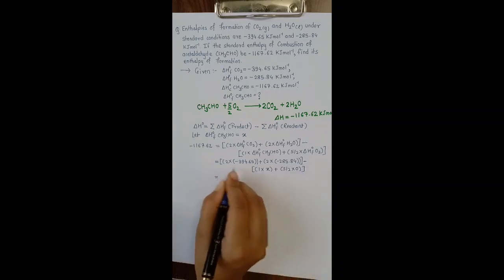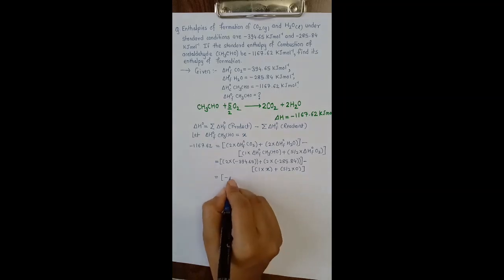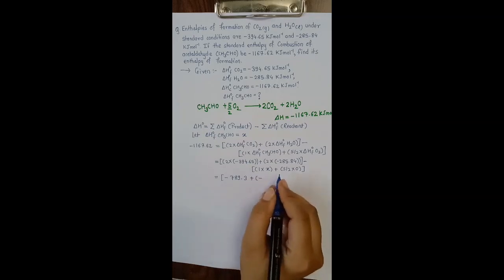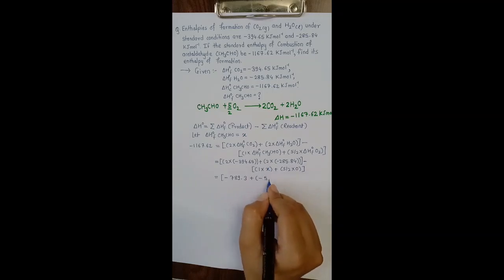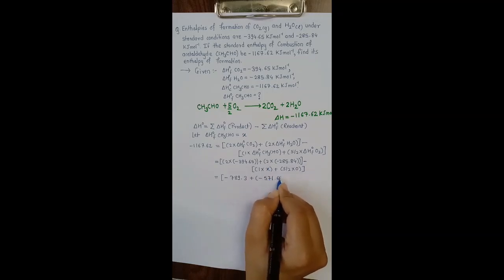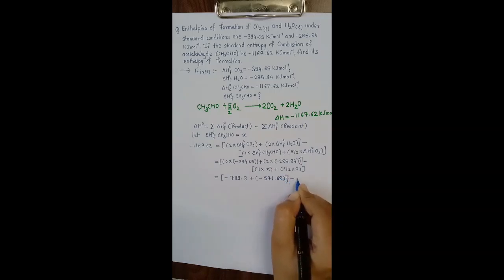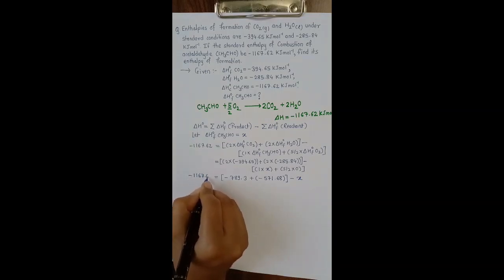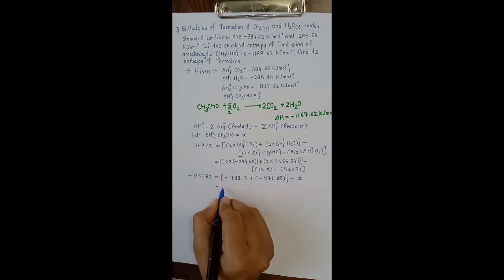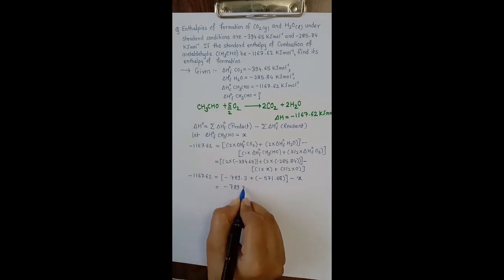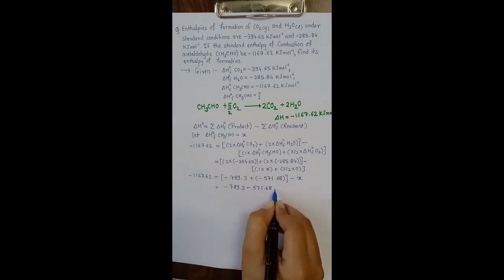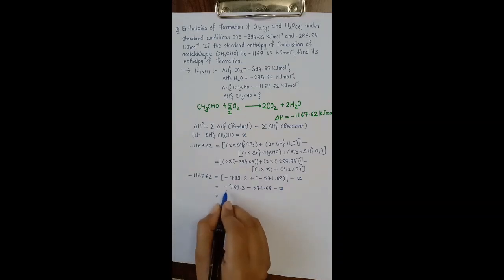So this multiplication comes as minus 789.3 plus minus 571.68, minus x. This minus 1167.62 as it is. So this minus 789.3, this plus minus becomes minus 571.68 minus x. So this minus minus is plus, sign of the bigger number.